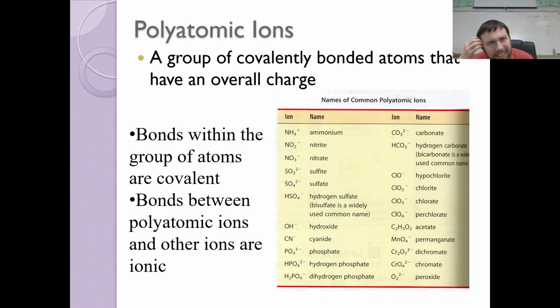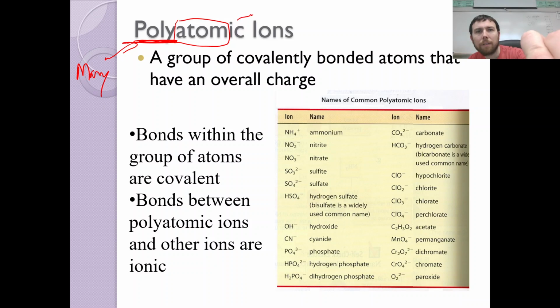All right, the next thing we're going to look at are what are known as polyatomic ions. Even if we look at it, we see the word poly, we should automatically think about in English, poly generally means many, right? And then we got the word atom, so it's a many-atom ion, right?